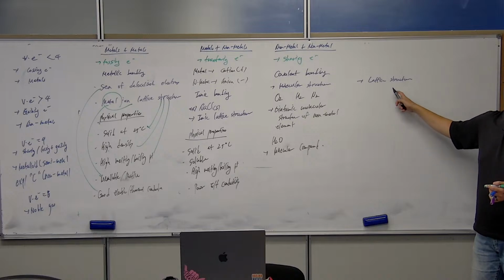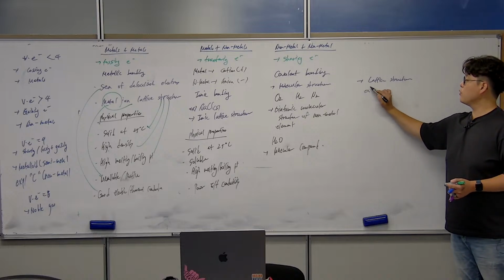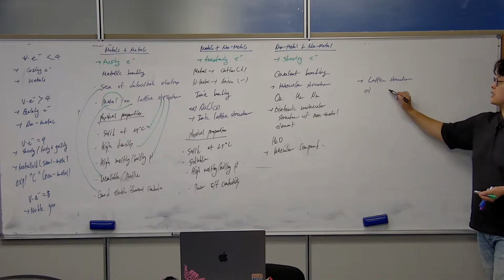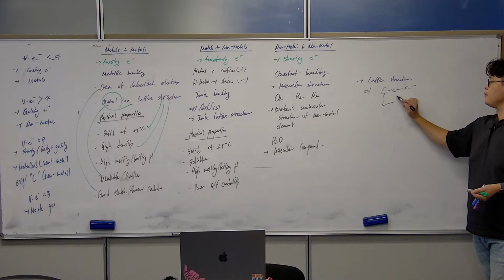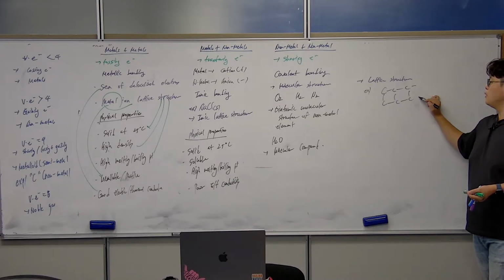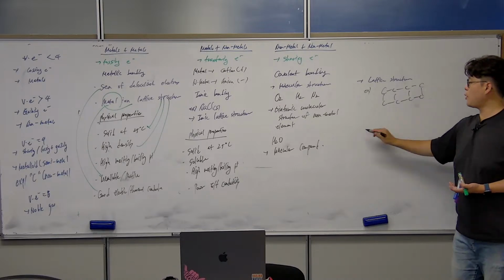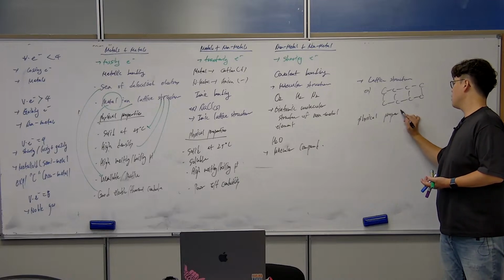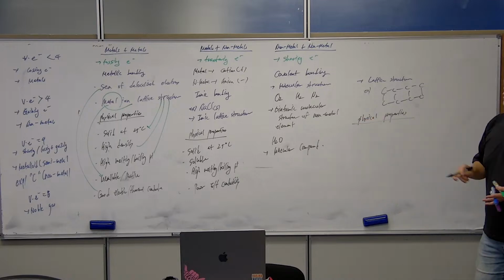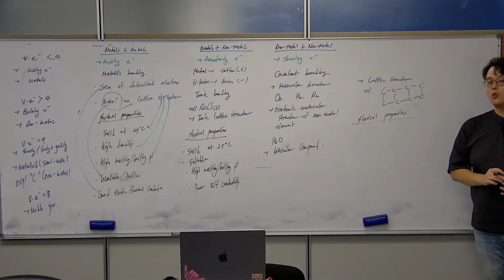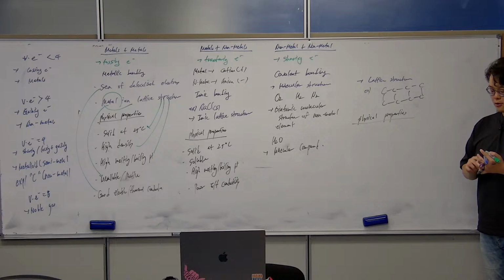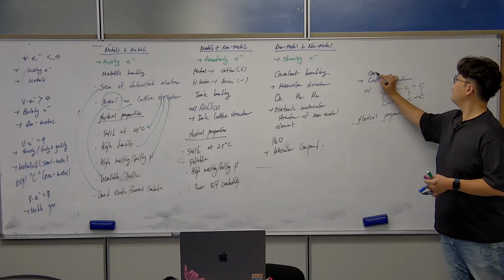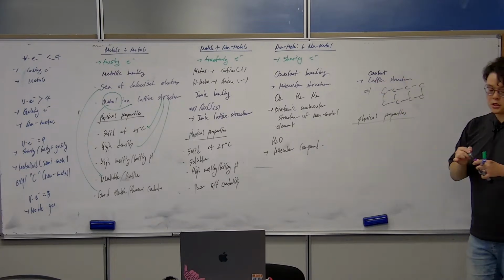A lattice structure in covalent bonding, probably the best example, is carbon. So let's talk about its physical properties. I can actually write it down. First of all, when carbon or non-metals form lattice structures, we name that a covalent lattice structure.